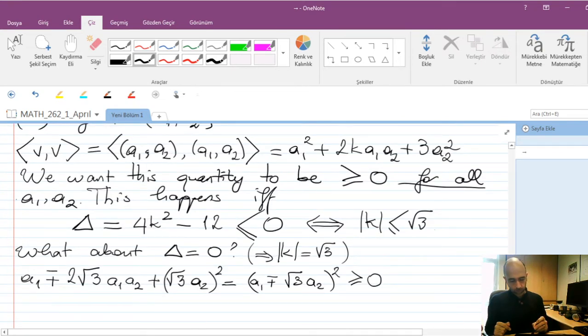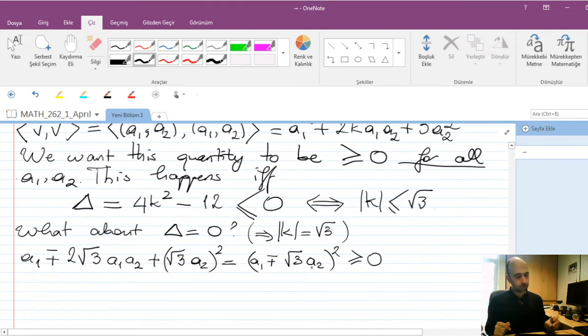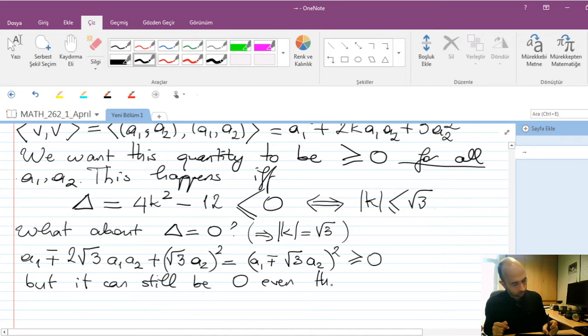In our example, if delta is equal to 0, then this is greater than or equal to 0, but it can still be 0 even though (a1, a2) is not (0, 0).